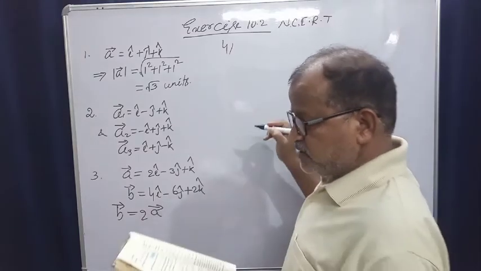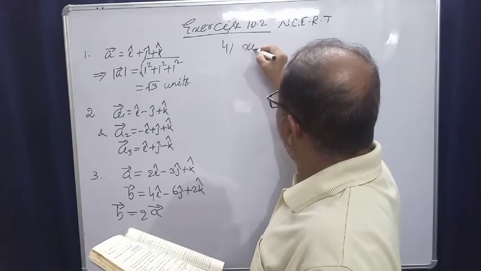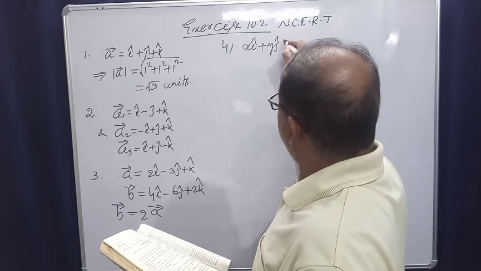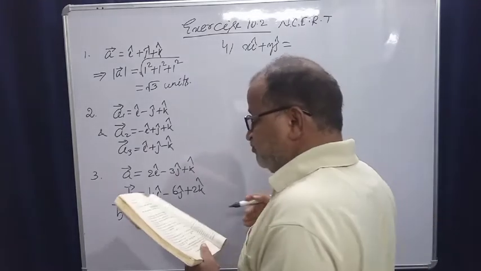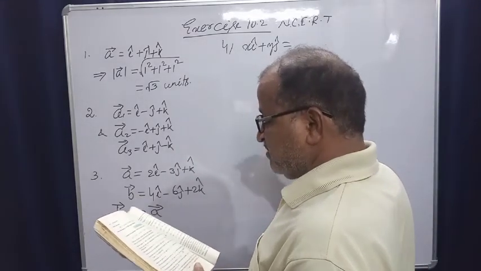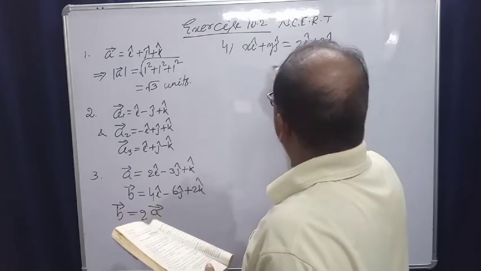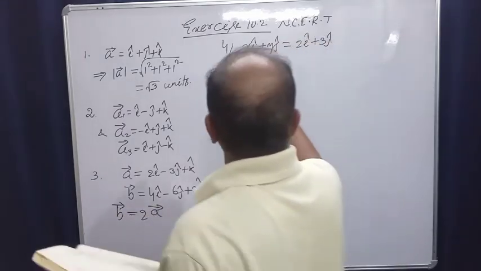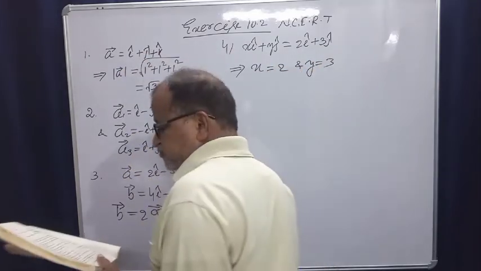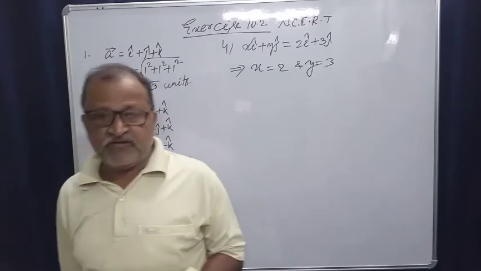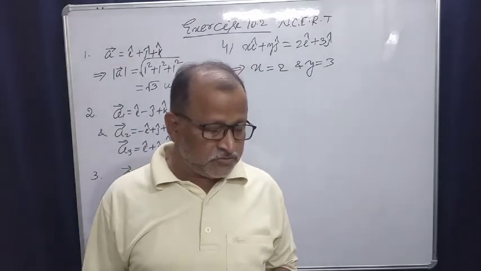Say x I cap plus y j cap is equal to 2 I cap plus 3 j cap. This means x is equal to 2 and y is equal to 3. Right?